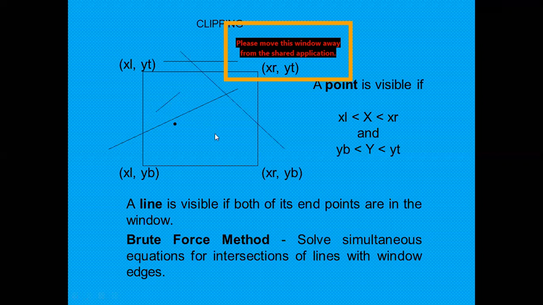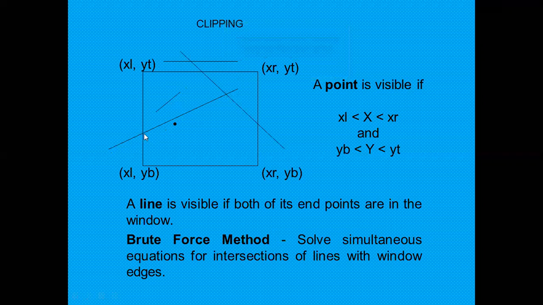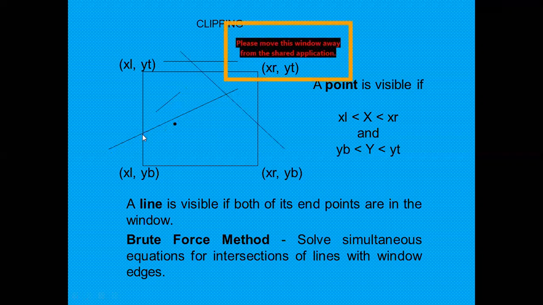Okay, now come to this long line. You can see from here to here, there is an intersection point at the window edge. So this line is cutting the window edge. Whenever we test this line, at this intersecting point we will reject the outside portion.